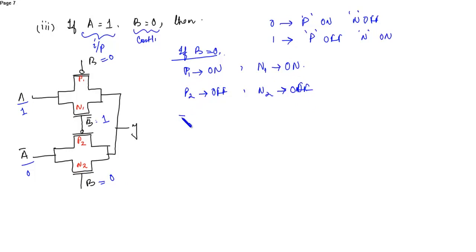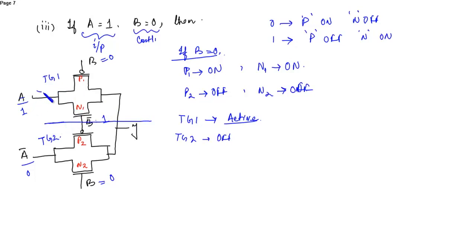So P1 N1 will turn on, that means transmission gate 1 is active. This is transmission gate 1, this is transmission gate 2. So this is active and the transmission gate 2 is off. So now what will happen?